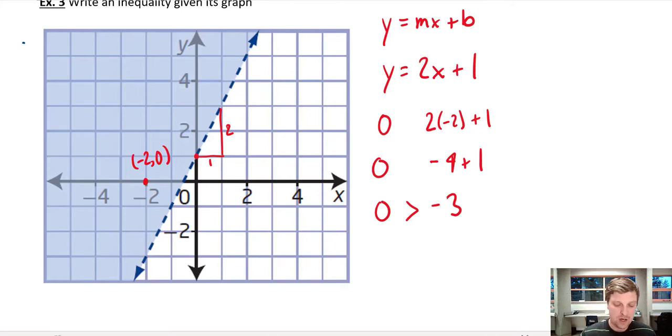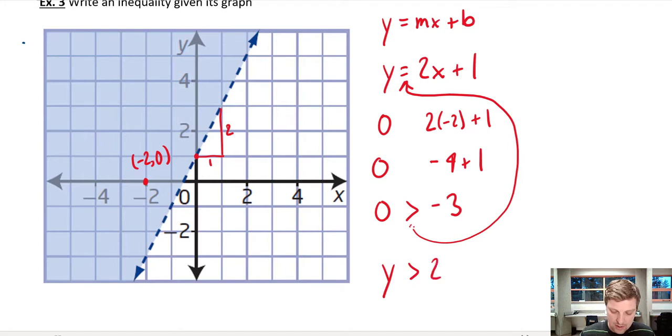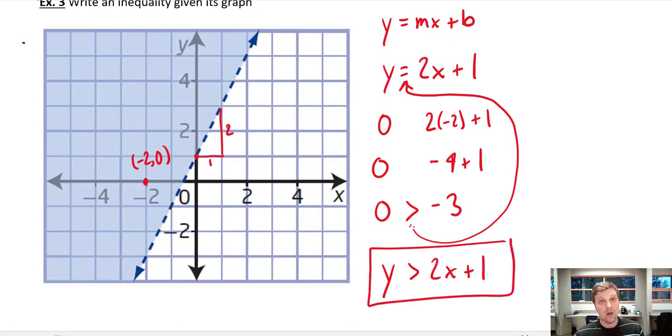And I can see from the dotted line that the line itself is not part of the solution set, so I'm only going to leave it as a greater than. So I can take this sign and bring it back into my equation and say that this inequality is y is greater than 2x plus 1. And that is the inequality that's shown by that graph. Okay, so that is it for linear inequalities.